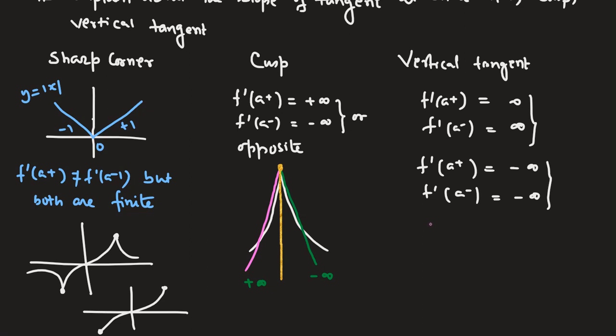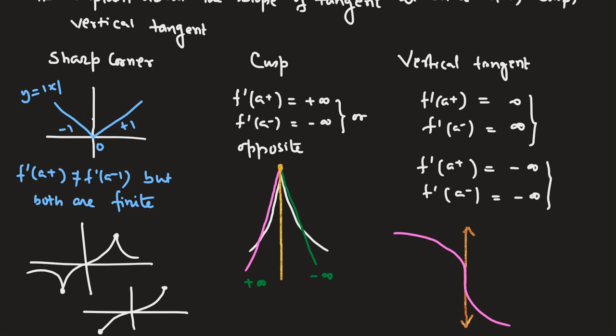Suppose at this point you have a vertical tangent like this one. Here we have a vertical tangent. In the case of vertical tangents, what we notice is that when we move from left to right, the tendency of the tangent is the same.